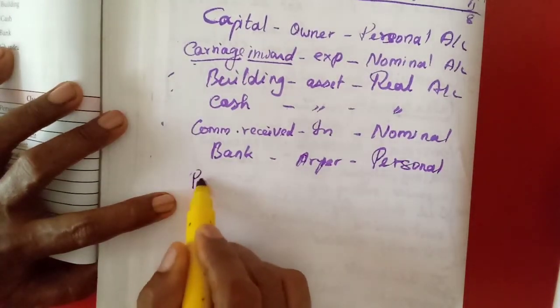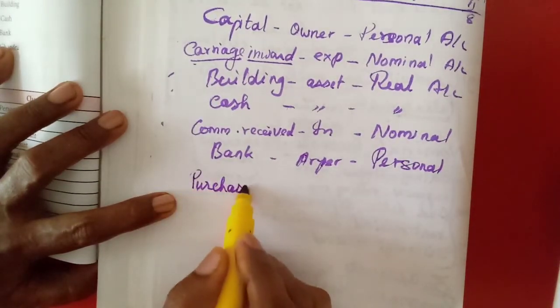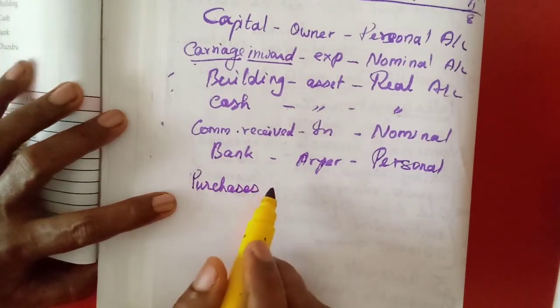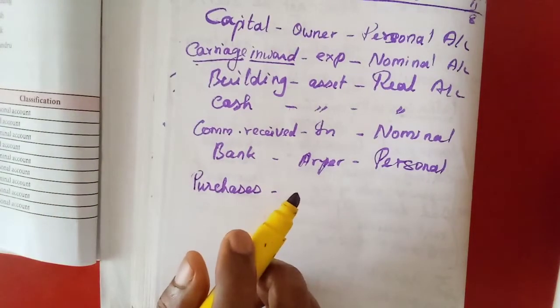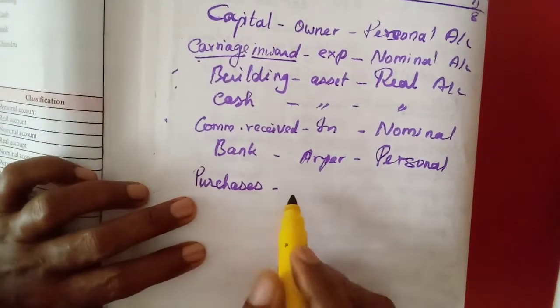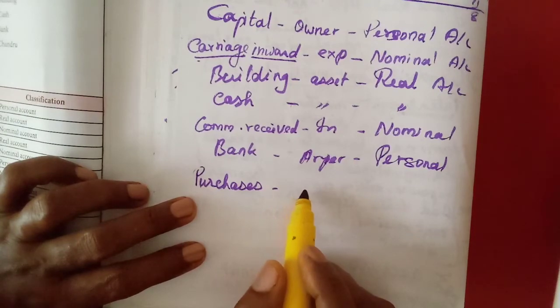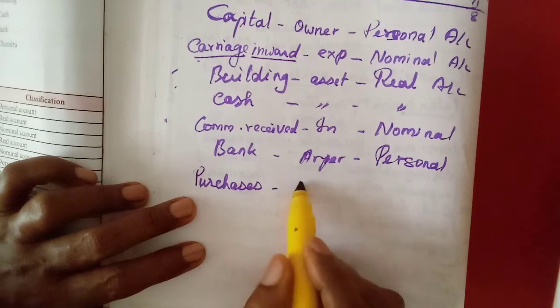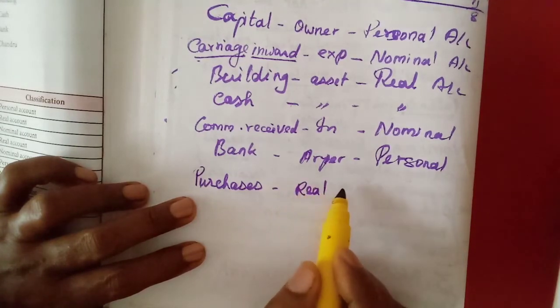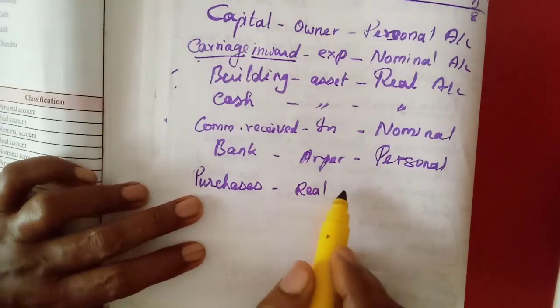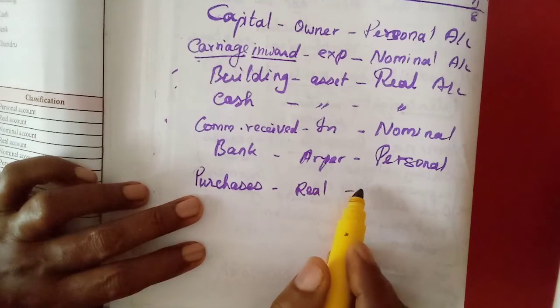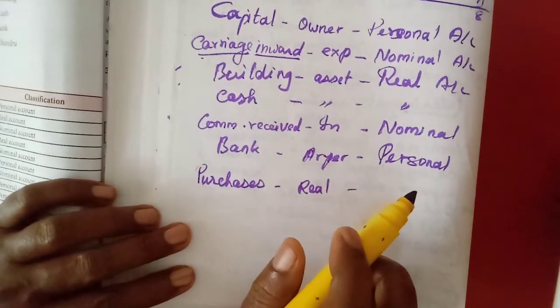Purchases. It is a real account. It is not an asset, but we purchase something and it comes inside, isn't it? So we have to treat this account as a real account only, but they have given us nominal.